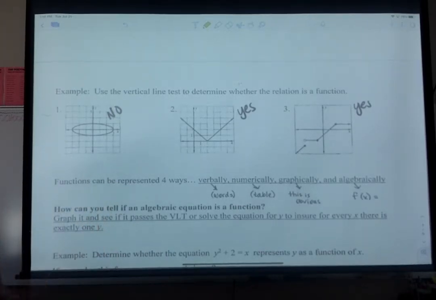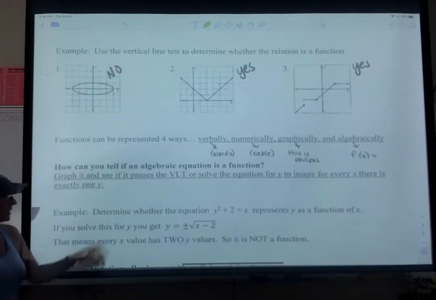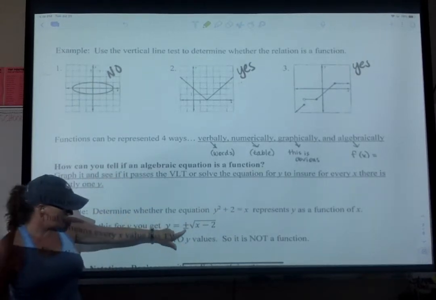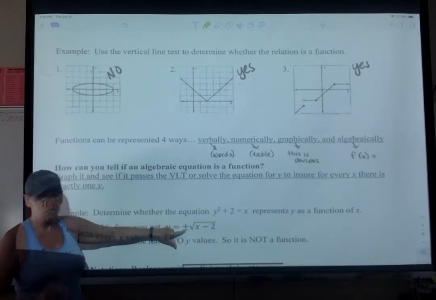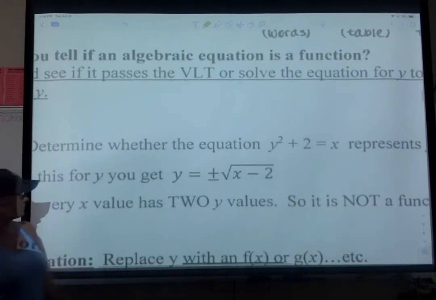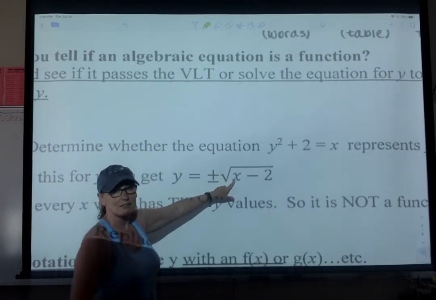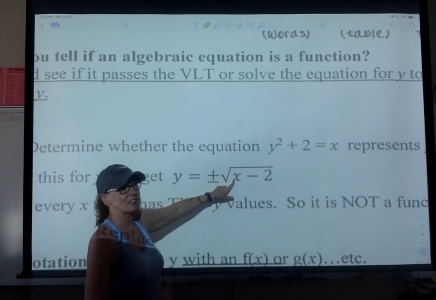But what if you don't know what the graph of that looks like? Then solve for y. So subtract 2 from both sides, square root both sides, and remember, when you square root both sides, you've got to do the positive root and the negative root. So here's what happens. Think about this. Plug in an x, like plug in 6. What y value does 6 give us as an x?